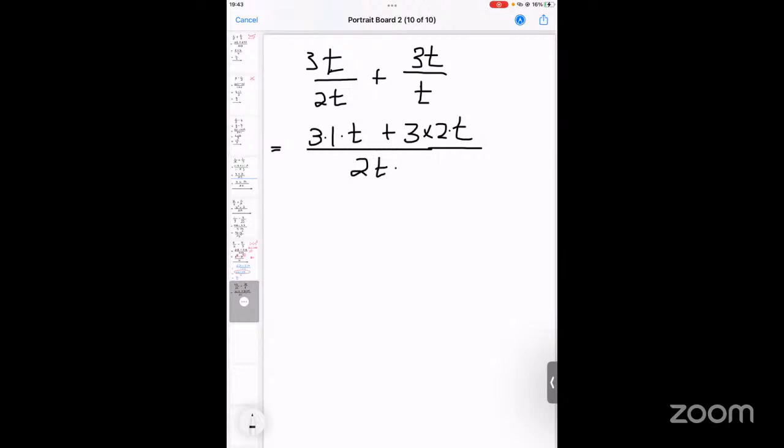Wait, what am I writing? Oh, it's 2 times 1 times t, actually, yes. Okay. And then I got 3t plus 6t over 2t. And then my final answer, so the 3 plus 6, it gives me 9t over 2t.